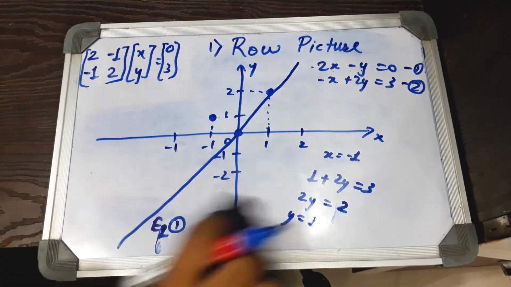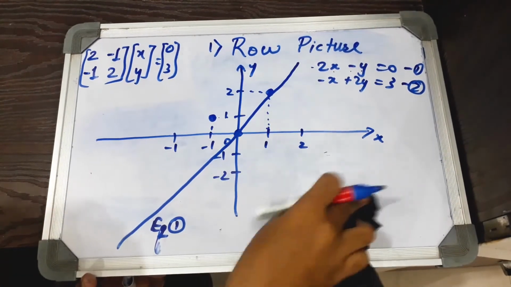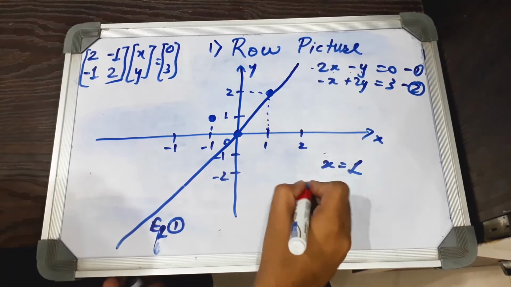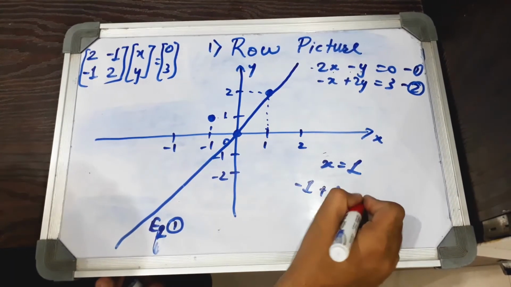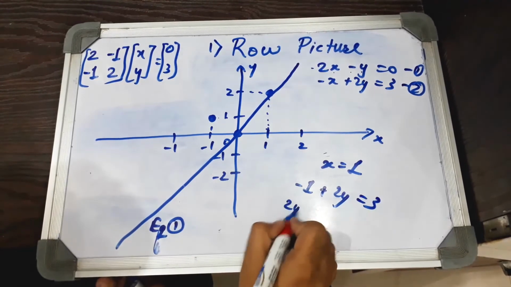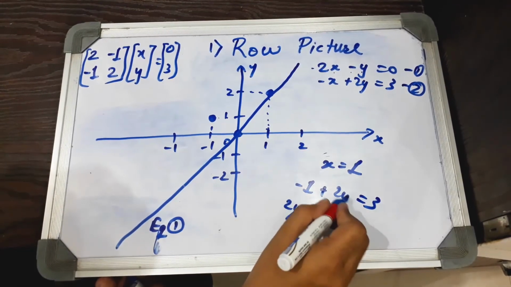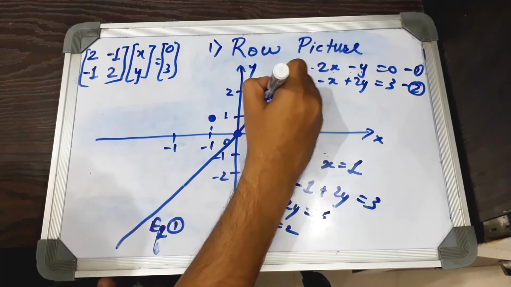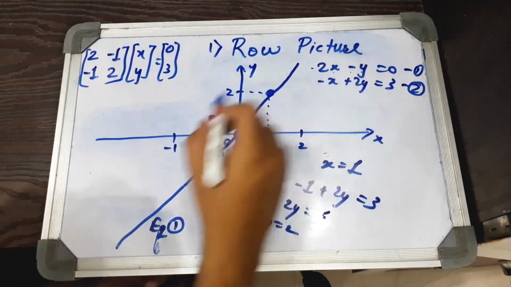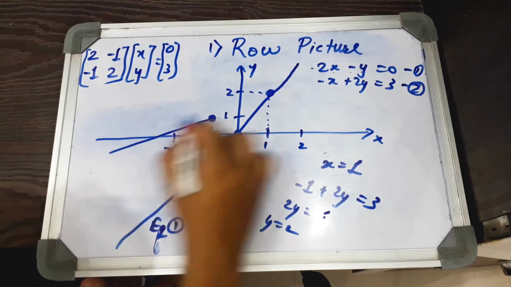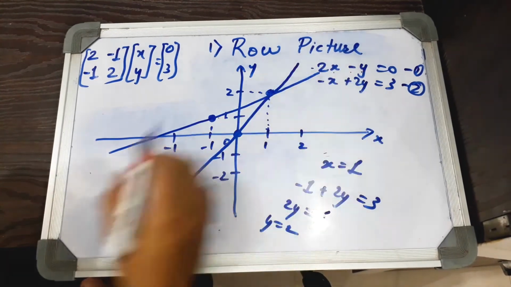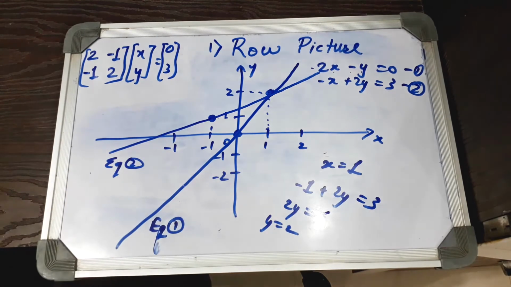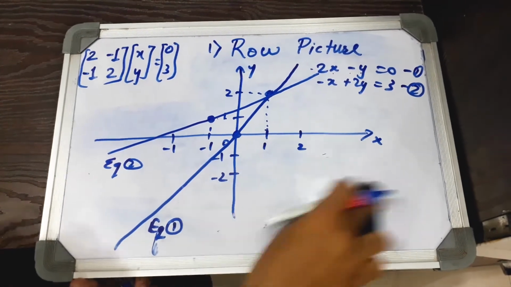Let's solve for one more point. x equals 1, so minus 1 plus 2y equals 3, 2y equals 4, so y equals 2. So 1 comma 2, the same point that we got in the first equation, and the line passing through these 2 points is equation 2, right?